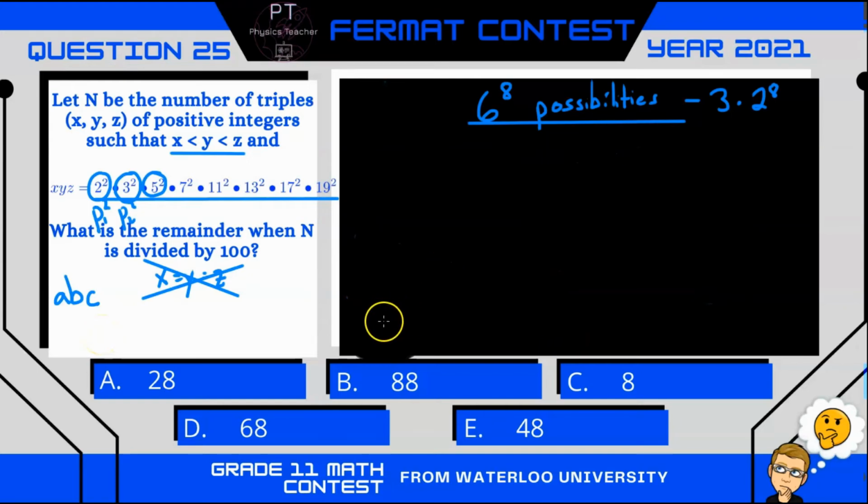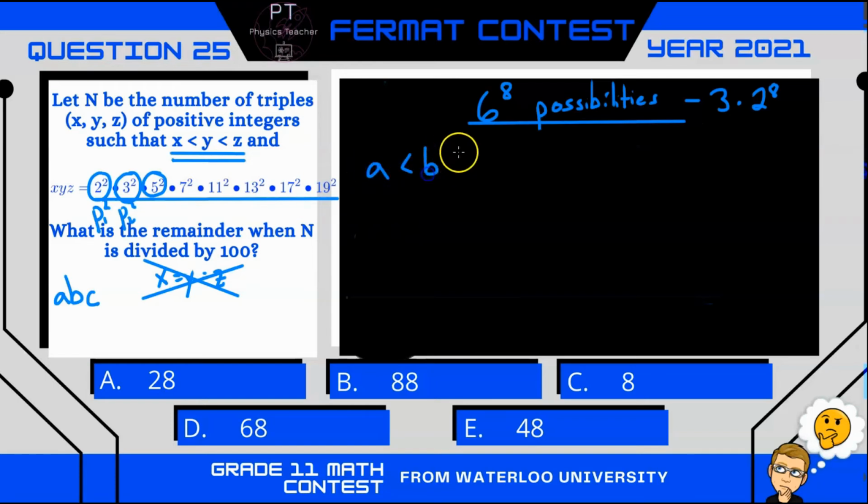So now that I have distinct values for A, B, and C, now we need to put them into this increasing order. And there are different ways you can do that. So for each value of A, B, or C, so let's say you had one possibility of A, B, and C, well, we could put them in different orders.